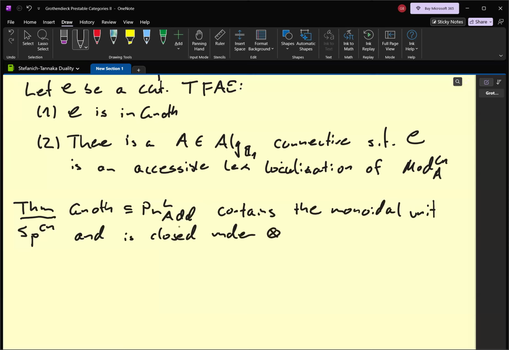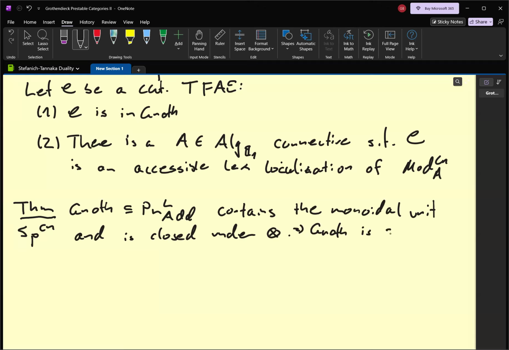PRL add just inherits the tensor product from PRL, and the unit is Sp≥0. In particular, from Grothendieck being closed under the tensor product and containing Sp≥0, we get that Grothendieck is again symmetric monoidal.